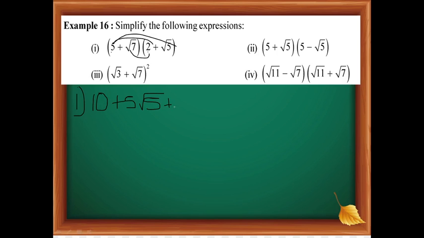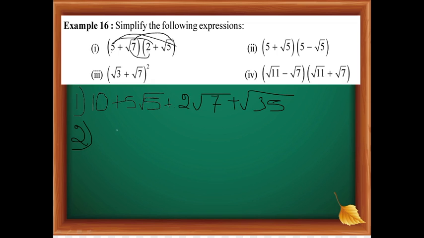Root 7 and root 7 and 2, we will get the answer as 2 root 7. Then root 7 and root 5, we will get root 35. Nothing we can cancel here. Okay, we cannot cancel anything. So the answer is as it is.